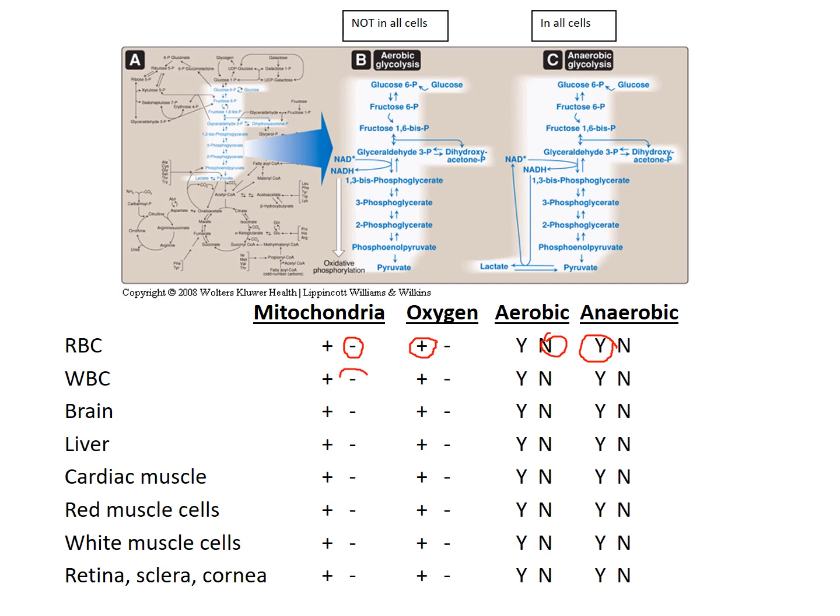So only 2 ATPs. White blood cells, very similar. Mitochondria, oxygen, and anaerobic.